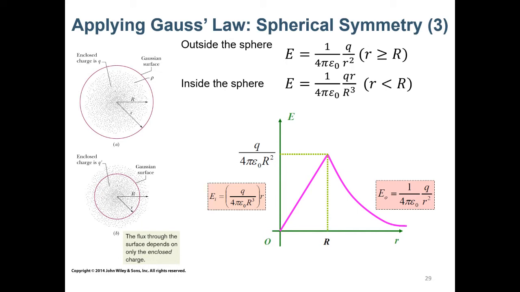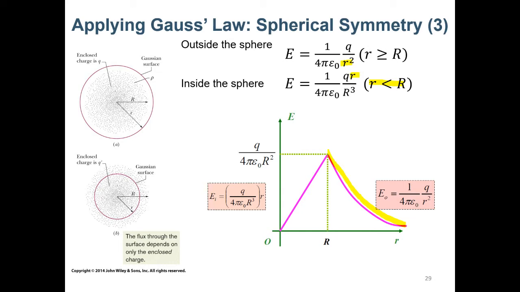So actually, when you try to draw it out, for the outer region, it is inversely proportional to r squared. So it will look like this. And for r smaller than R, it increases linearly.